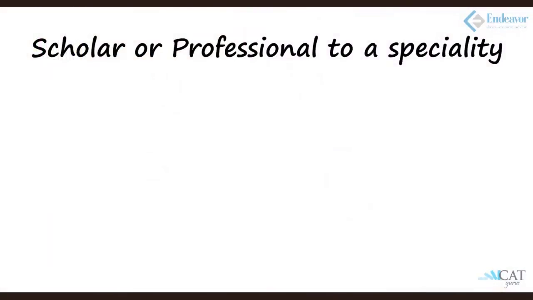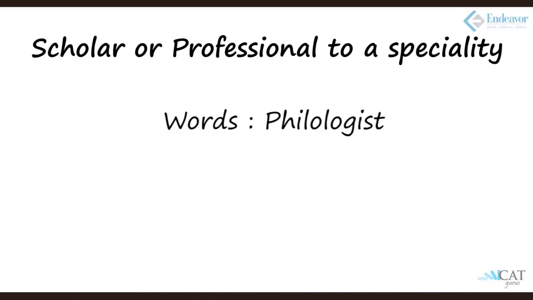Fourth example is a scholar or a professional to a speciality or his area of specialization. For example, I say somebody who specializes in words is a philologist. Here, sometimes it could be more confusing if we move into the word semanticist.